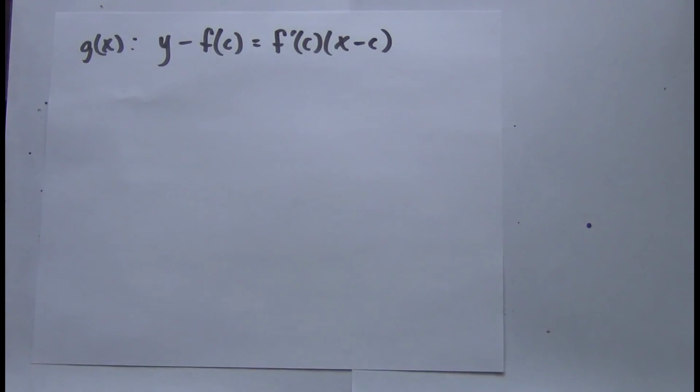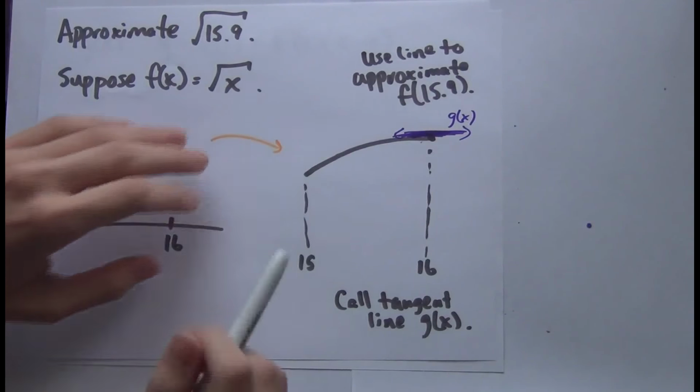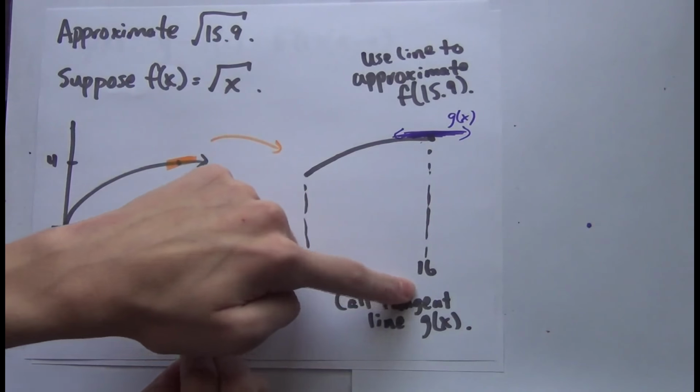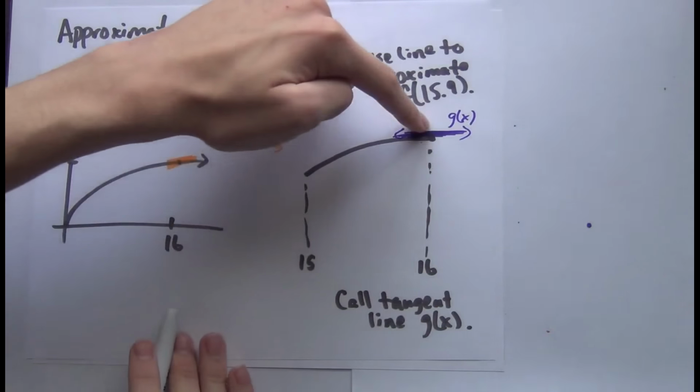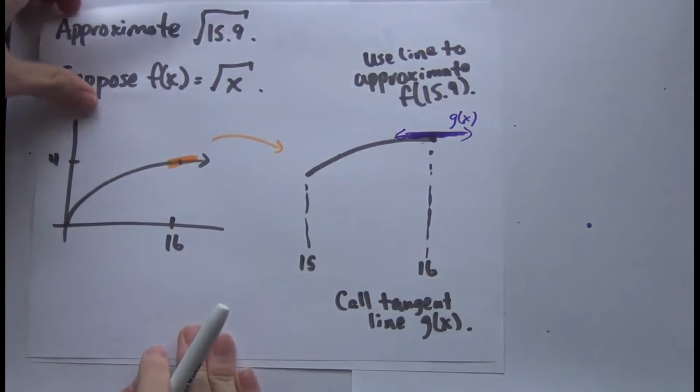So what does that end up being? If you look at my picture, I know that 16 is going to be my c value. And if I plug in 16, I get 4. That's the only point, because of the point of tangency.